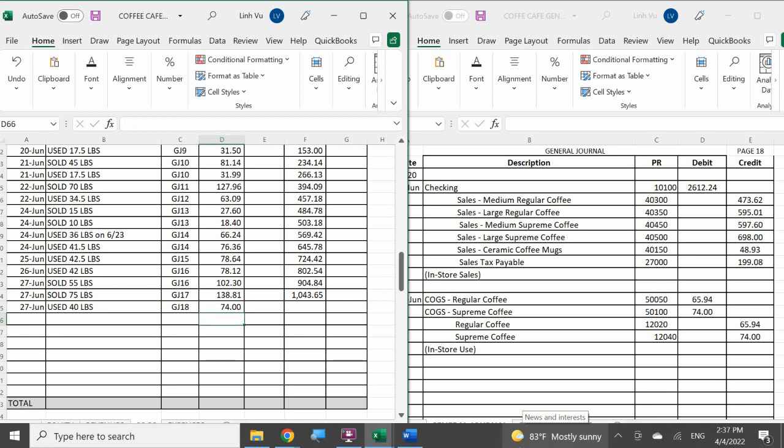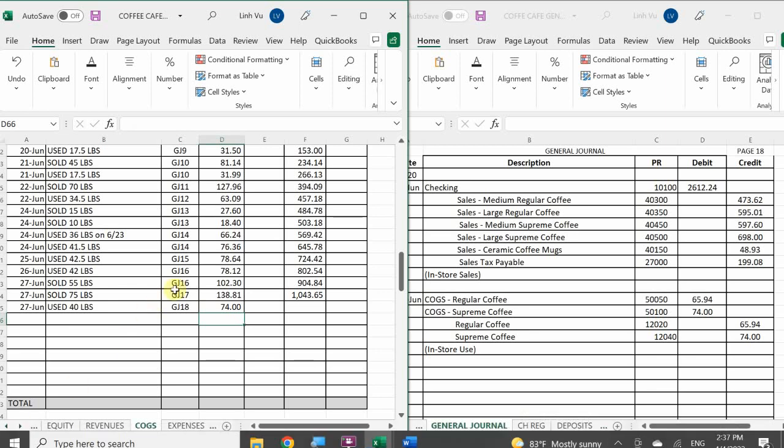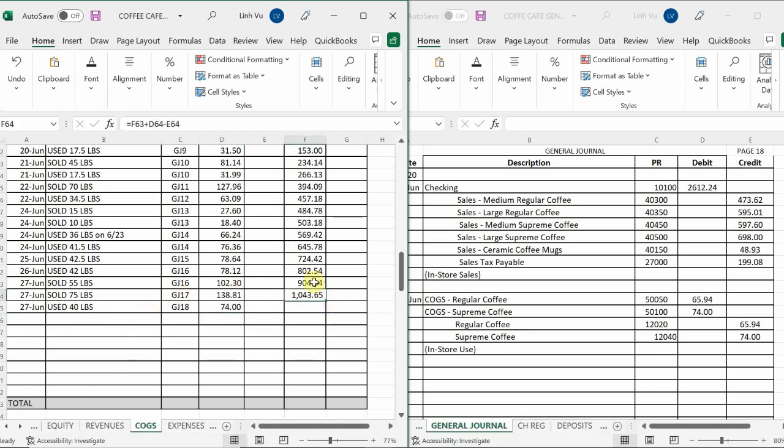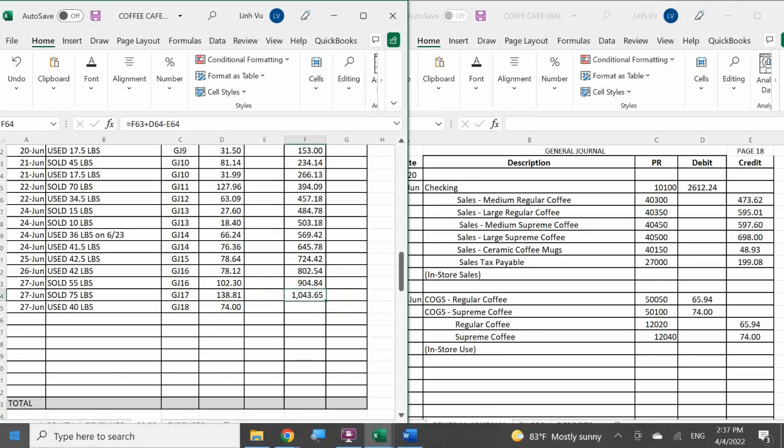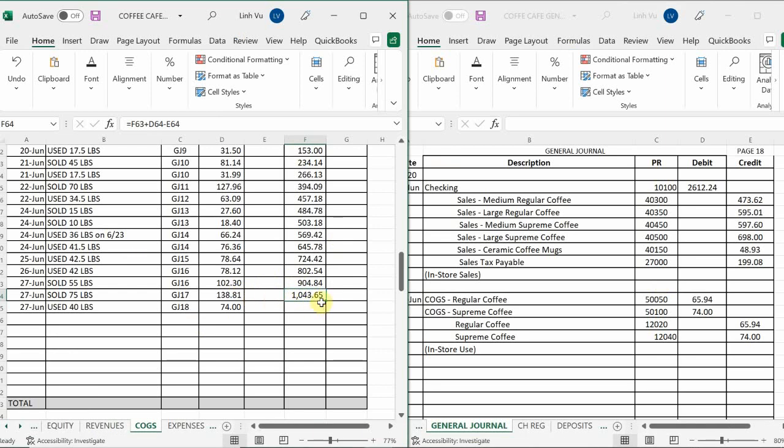So in this case, what's my ending balance in my cost of goods sold for the Supreme coffee? What was that? No. 1117, good. 1117.65.